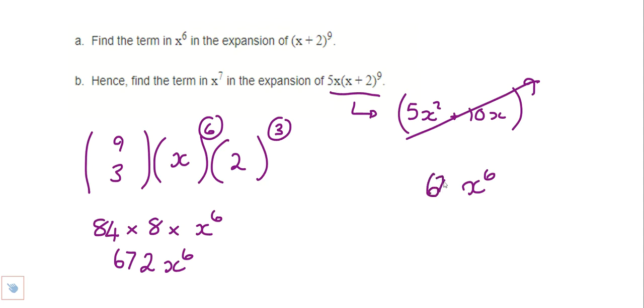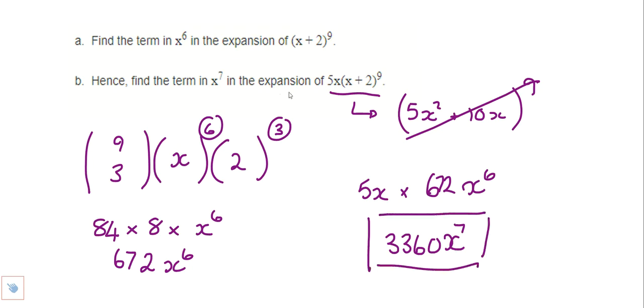So if I have 672 x to the power of 6, if I multiply that one by 5x, I end up with the x to the power of 7 I wanted, and I just have to do 5 times 672, which is? 3,360. And there I have it. That's the answer. That's the x to the power of 7 in that one. Okay?